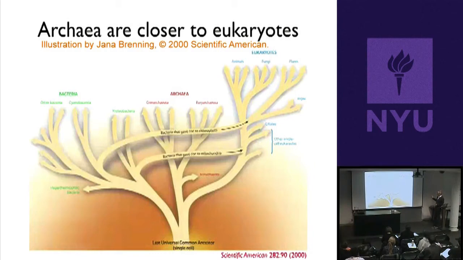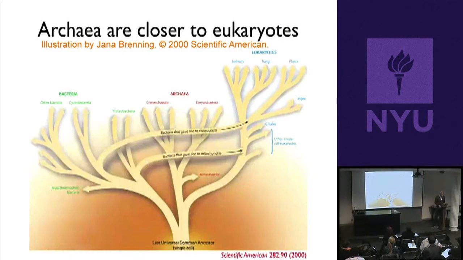And then later on, only in the lineage leading to plants and algae, another eating event happened where an ancestral cell ate a bacterium that was a cyanobacterium, and that gave rise to chloroplasts. Okay? And those two events are what are called endosymbiosis. Endo for inside, and symbiosis for a shared mutual relationship.